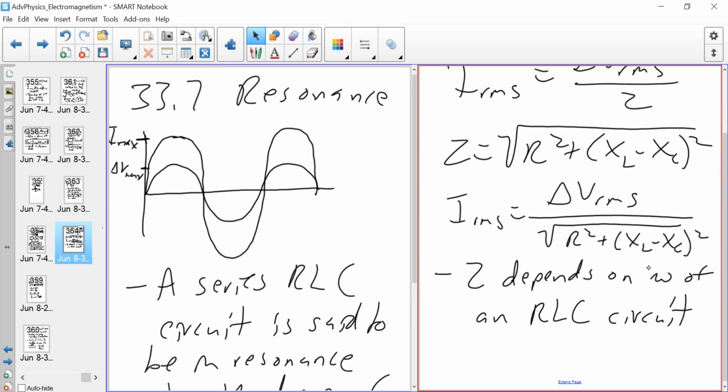And these both have omega terms. So change the omega, you change the impedance, by changing the inductive reactance XL and the capacitive reactance XC. Change the frequency, you change that, you change the impedance.